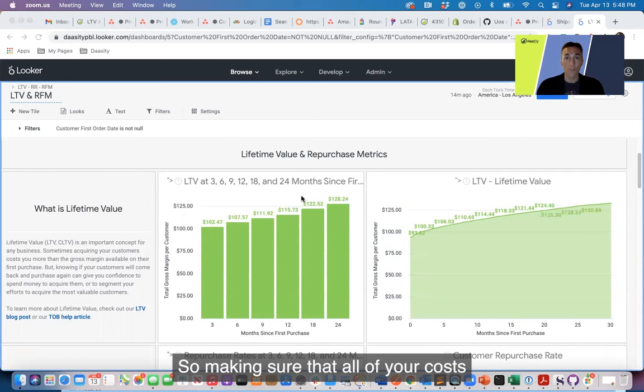So making sure that all of your costs are pulled into that lifetime value number is very important to make sure that you get an accurate view of your lifetime value, and really understand how much your customers are worth over time.